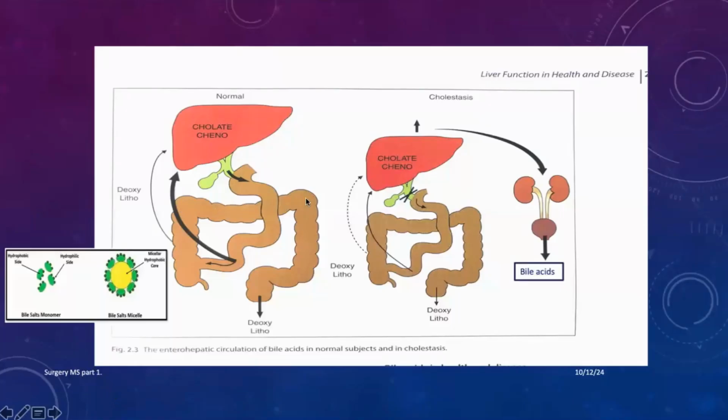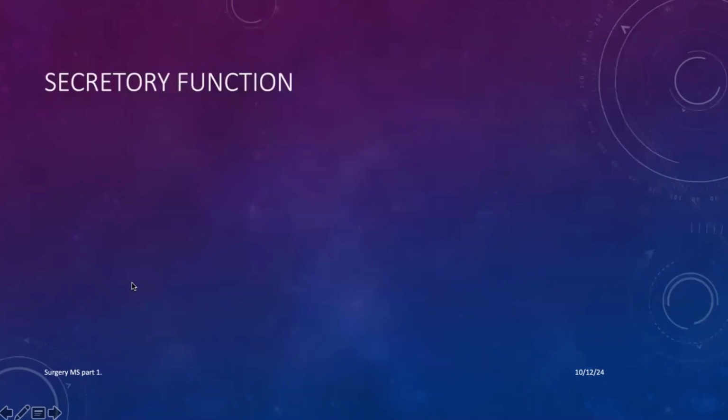And if you have a closer look, how this happens is, you have your bile salts, which have a hydrophobic side and a hydrophilic side. This hydrophobic core will be catching all these lipids. Let's say the fat globules will be caught by this hydrophobic side, and then you have the hydrophilic side, which will facilitate the absorption of fat at the distal ileum.